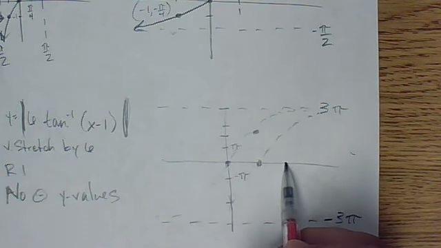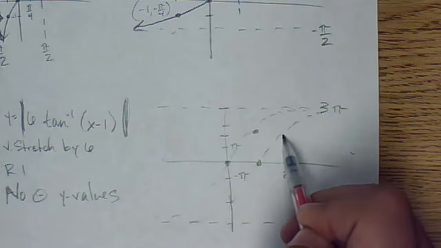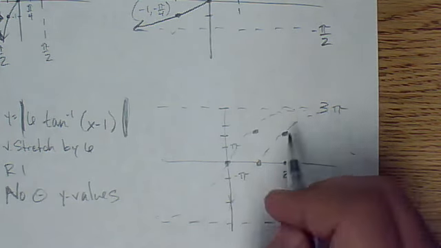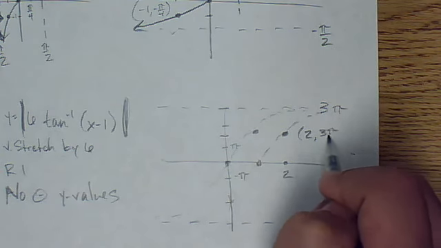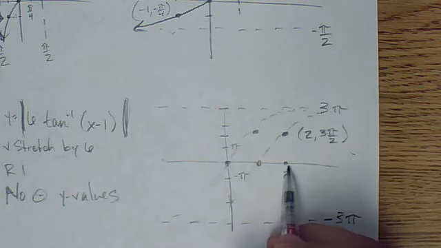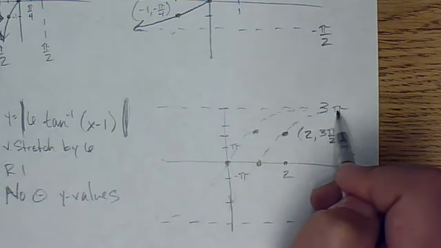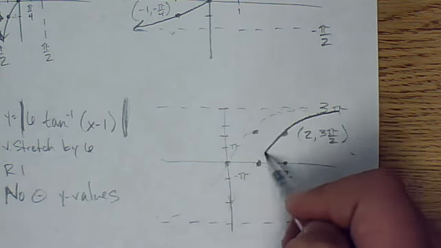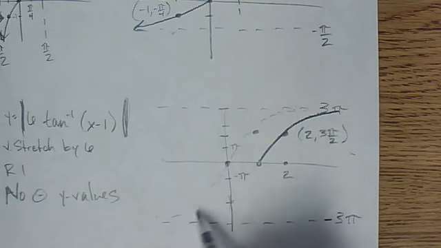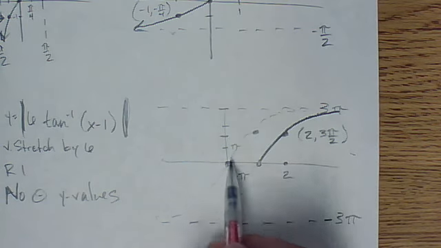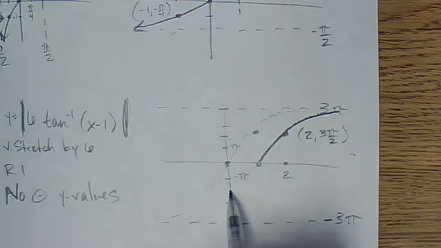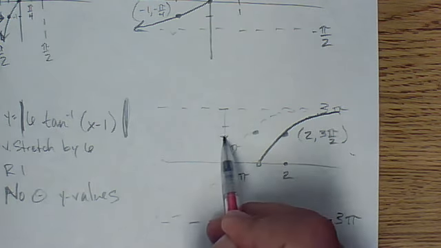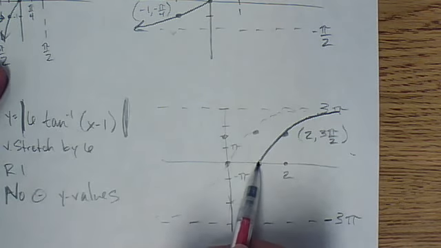So now it's at 3 pi over 2. So it's going to go down through that, but this part that was down here flips up. So this was at 0, negative 3 pi over 2, so now it's up here at positive 3 pi over 2.